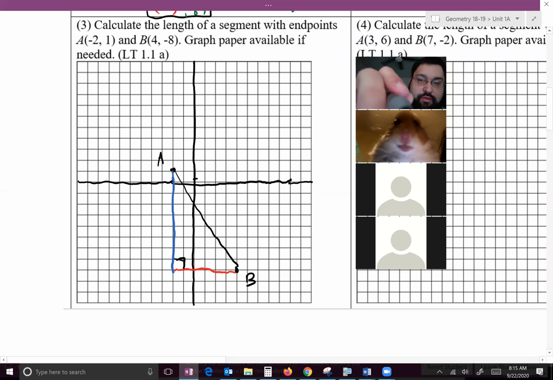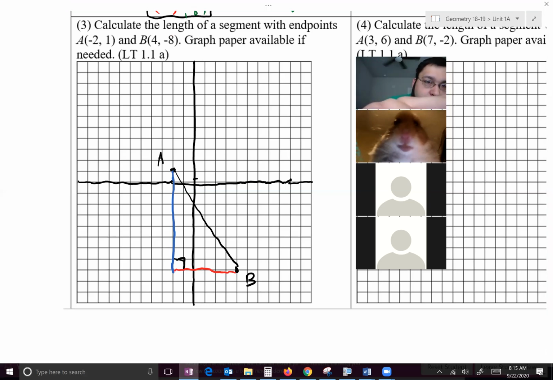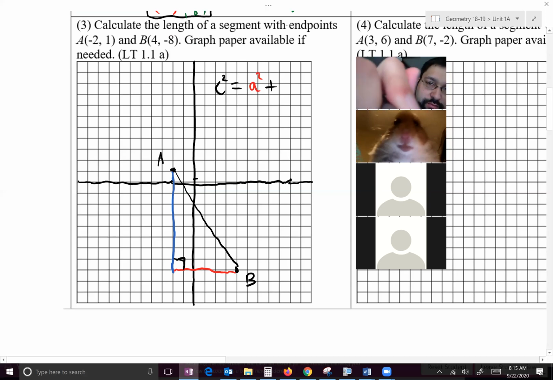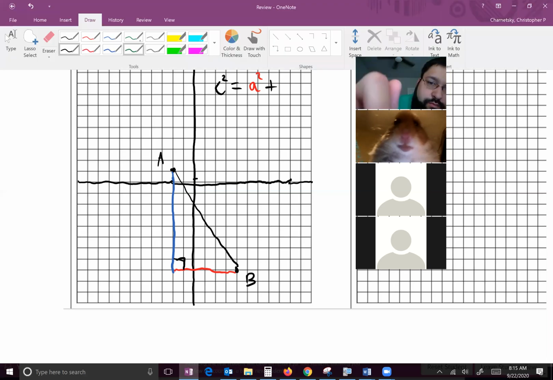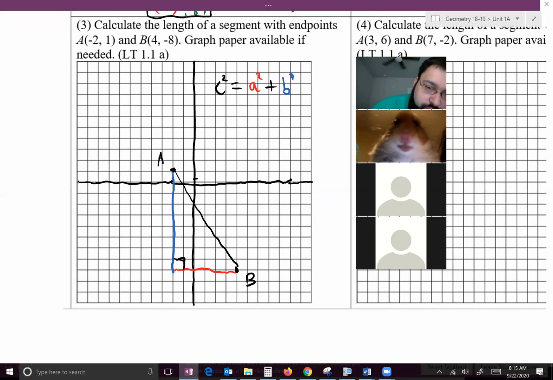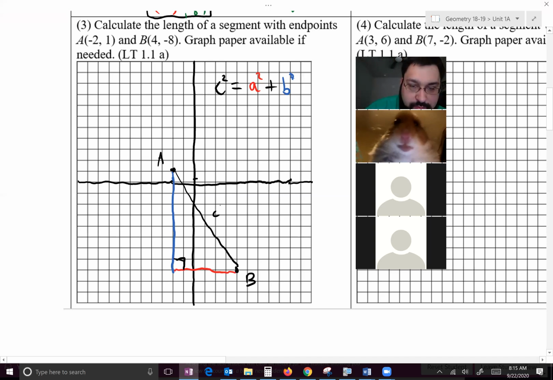And now we can use Pythagorean theorem, which is c squared equals a squared plus b squared. Okay. And we're looking for c. That's our hypotenuse. That's the diagonal length that we're looking for.